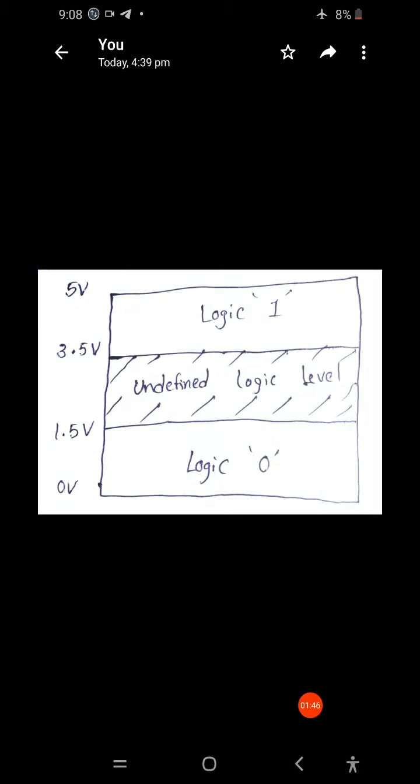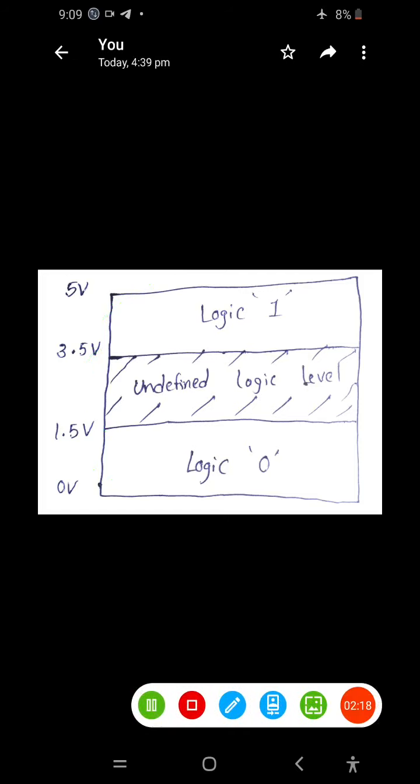If you see this figure, from 3.5 to 5 volts is logic 1 and from 0 to 1.5 volts is logic 0, and whatever the voltage between these two points, that is 1.5 volts to 3.5 volts, is called the undefined logic level.